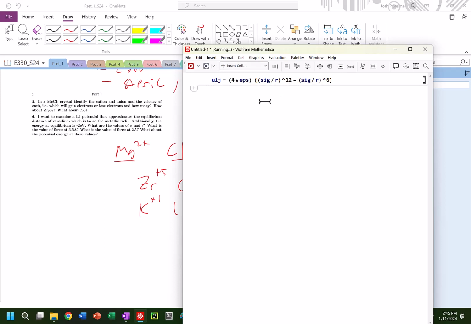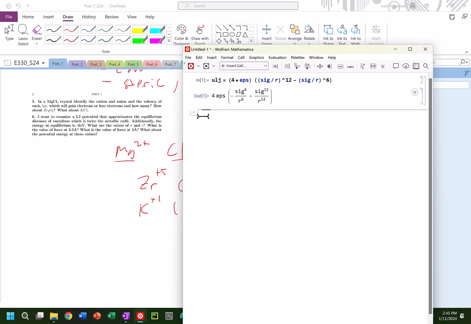We are told that we're trying to approximate it as vanadium. The energy at equilibrium is -2 eV. What are the values of... okay, so we're trying to approximate it here.